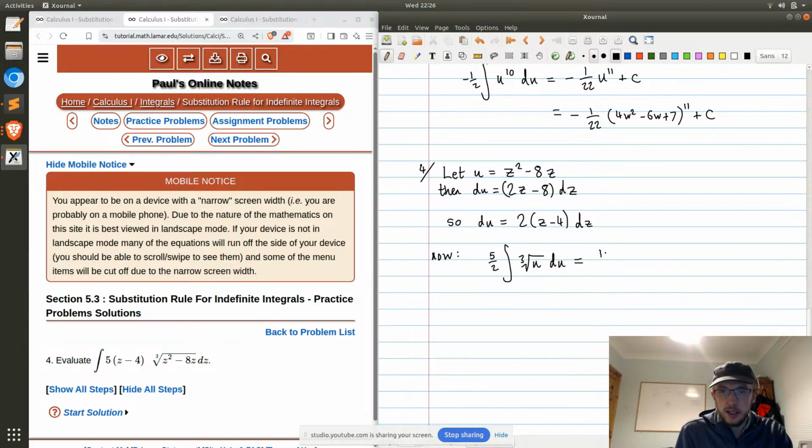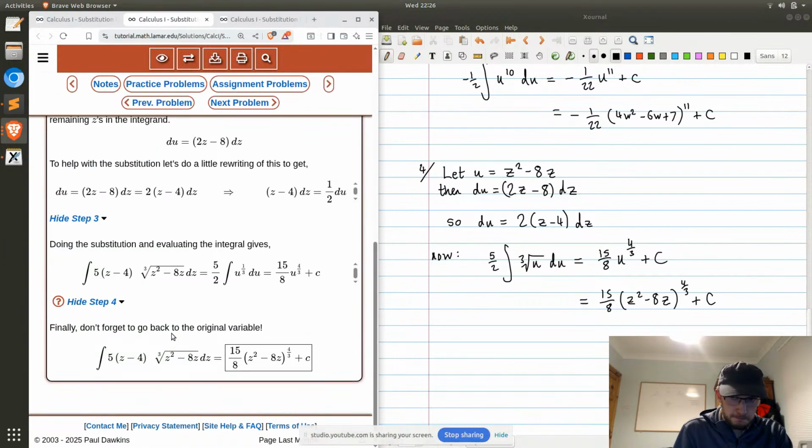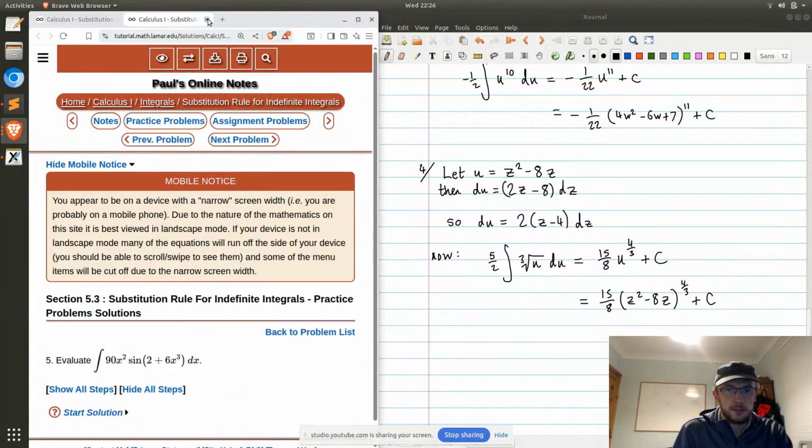So 15/8, like that. And then the original u was z squared minus 8z all to the 4/3 plus c. That's correct.